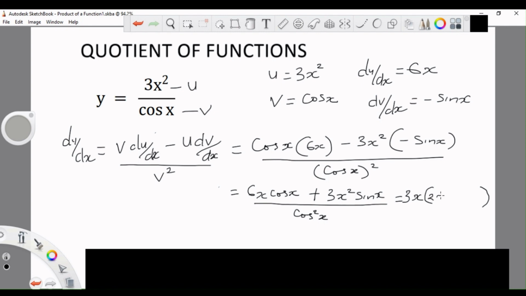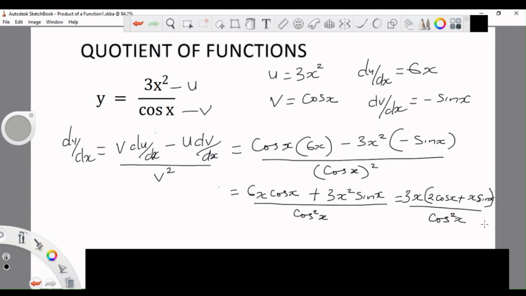That'll give us 2 cos x plus 3x divided by 3x squared sin x gives us x sin x. That's x sin x over cos squared x.